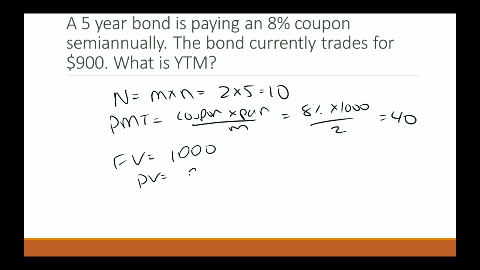We know the present value is 900. That's a negative 900 because that's how much it would cost today. So let's solve for I/Y.